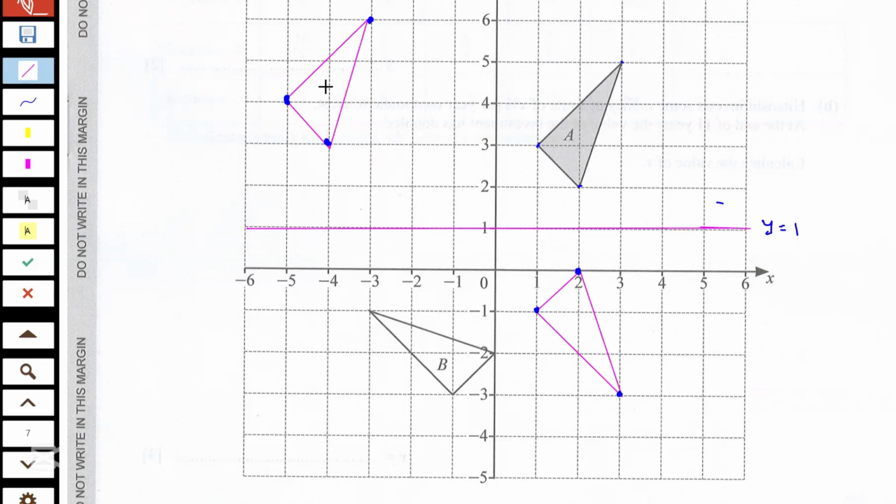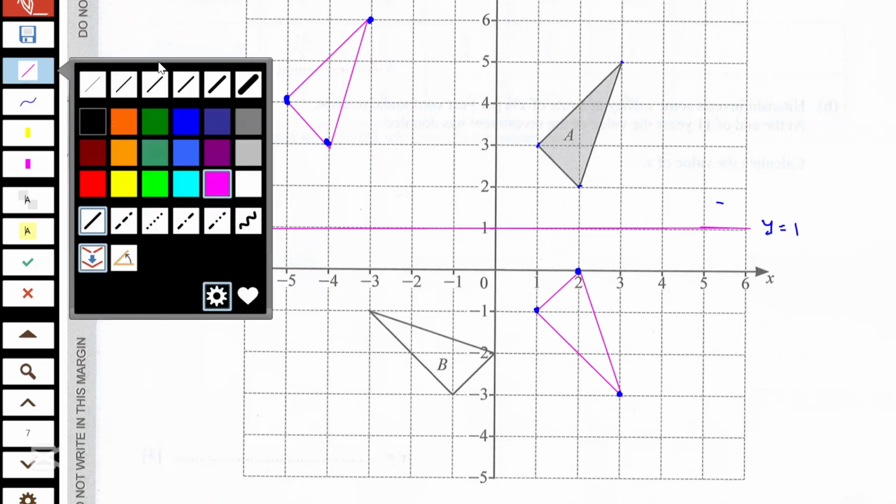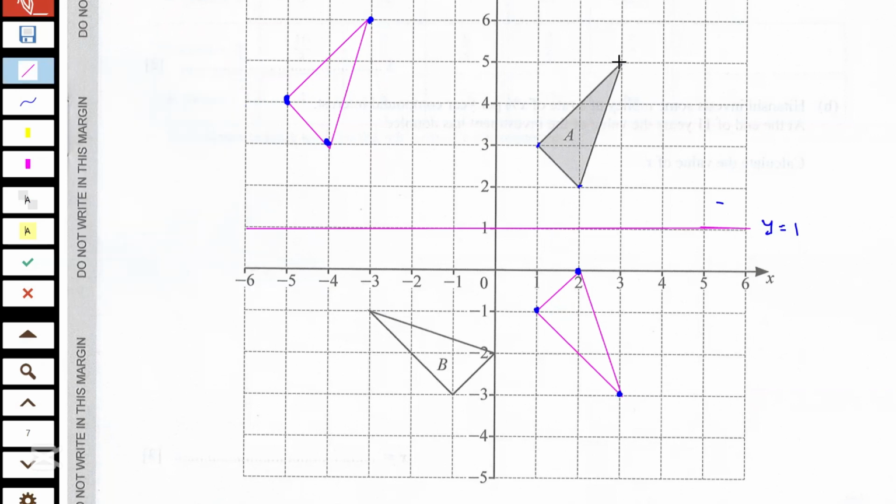So let's say I'm going to join this corresponding point. First, we have to connect 2 pairs of corresponding points and then use a compass to find the perpendicular bisector of the line. Where both perpendicular bisectors intersect will be the center of rotation.